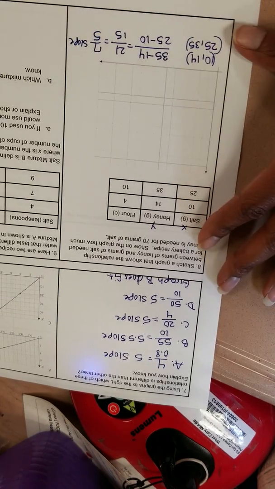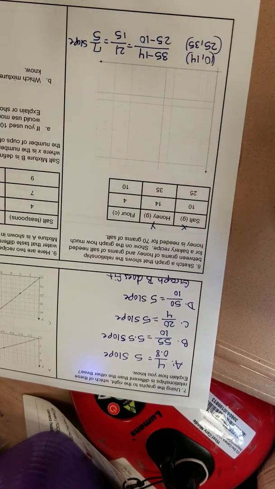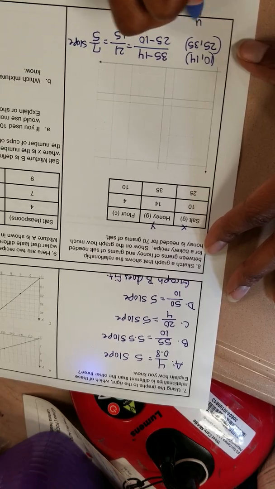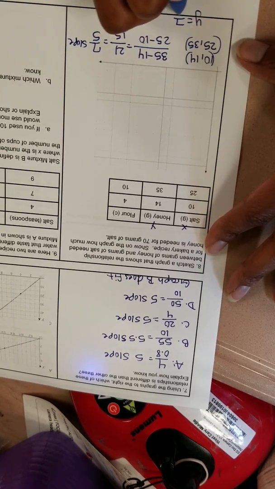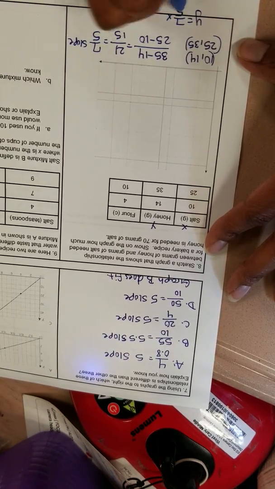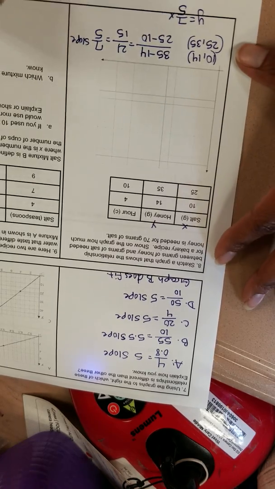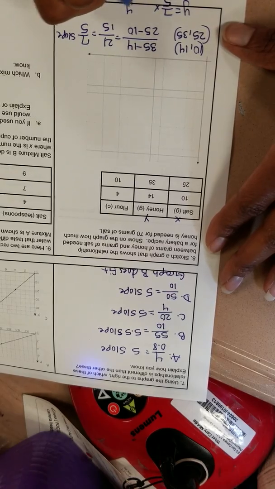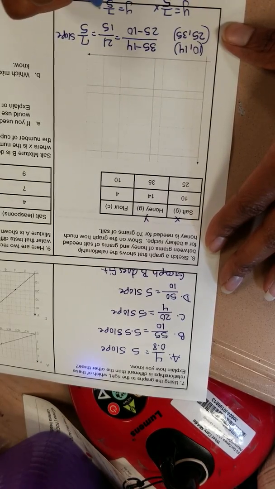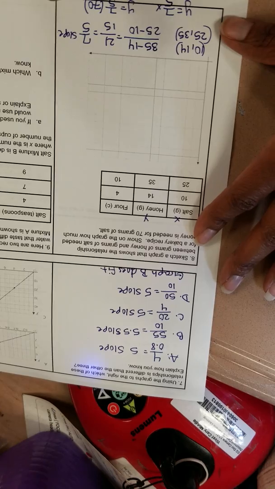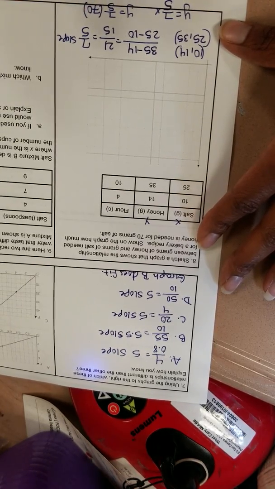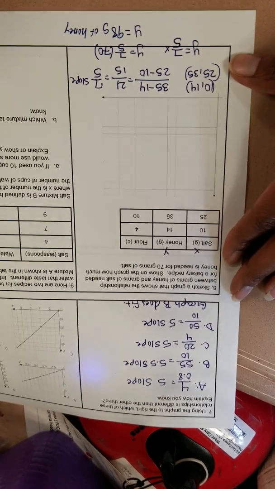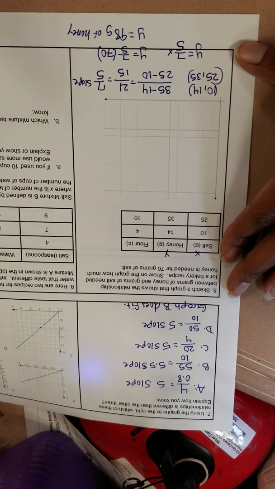If you have no salt, you have no need for honey, so our equation would be y equals 7/5 x. If x is our salt and we need 70 grams of salt, let's plug in our numbers. What is the value of y when x is 70? You end up with y equals 98. So you would need 98 grams of honey if you have 70 grams of salt.